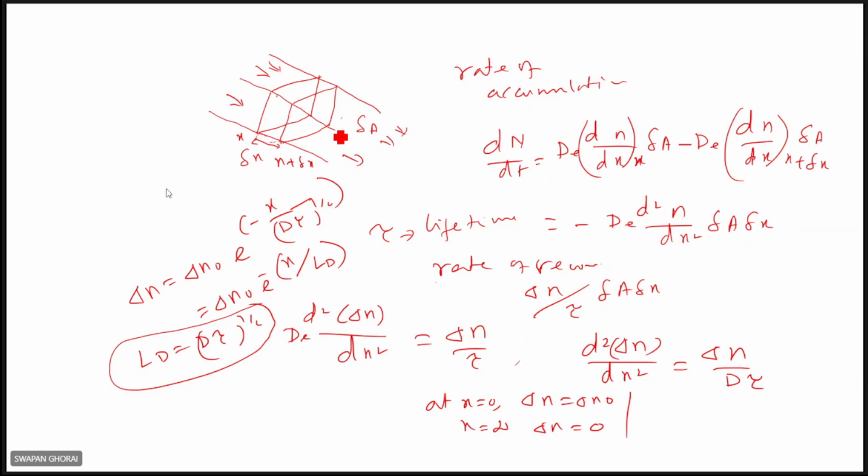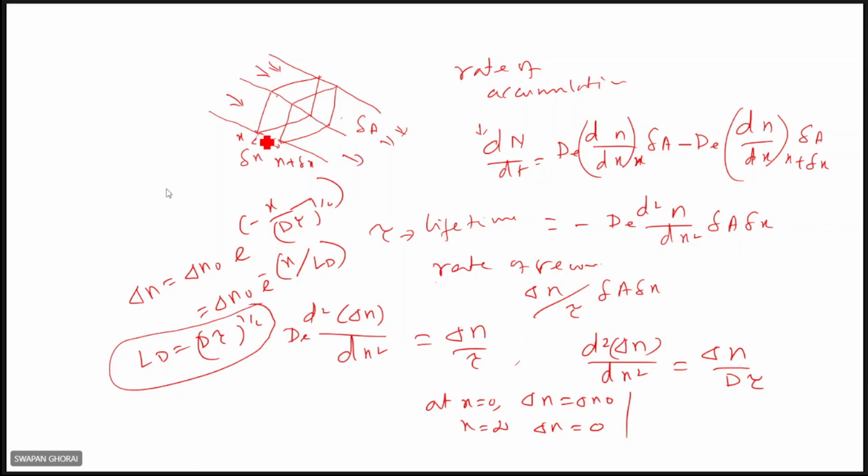Now if you consider the rate of recombination, when you are considering the inflow of electrons in the p-type material and this thin segment of volume delta A into delta x, how many carriers are accumulated in these regions? That you can calculate: dN upon dt, the rate of accumulation within the thin segment.